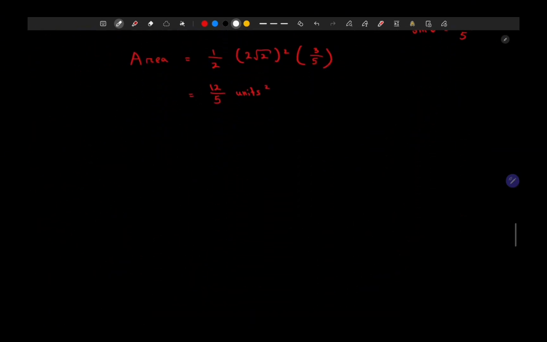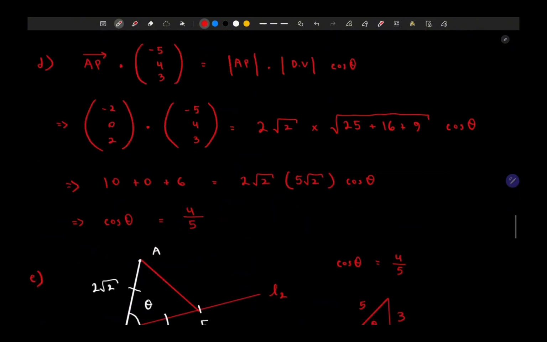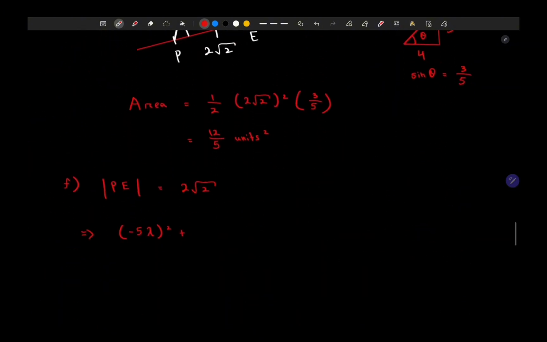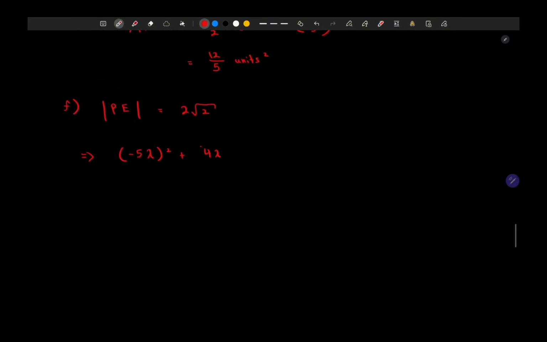Now we can say that the modulus of PE is equal to 2 root 2, as they have mentioned in the question. The length of PE is equal to the length of AP. So I can say that this is equal to the square root of (negative 5 lambda) squared plus (4 lambda) squared plus (3 lambda) squared, and the root is equal to 2 root 2.